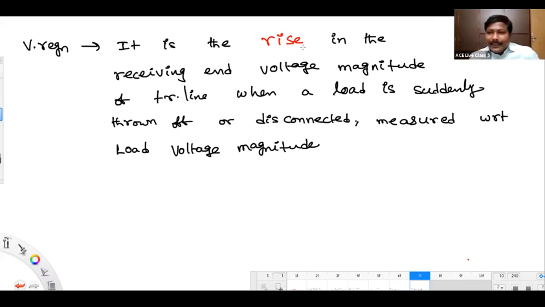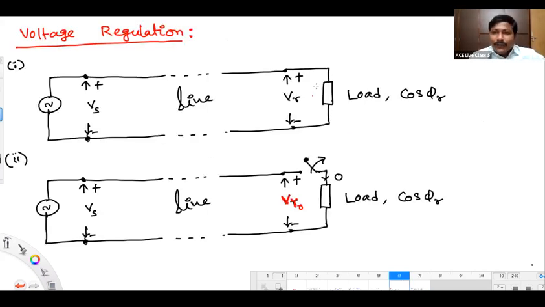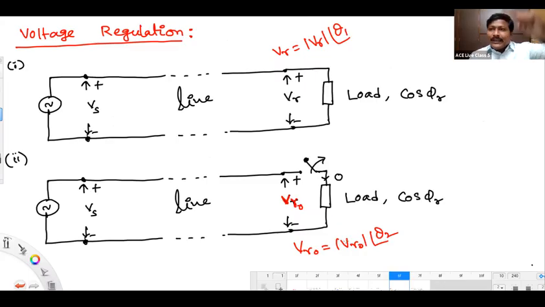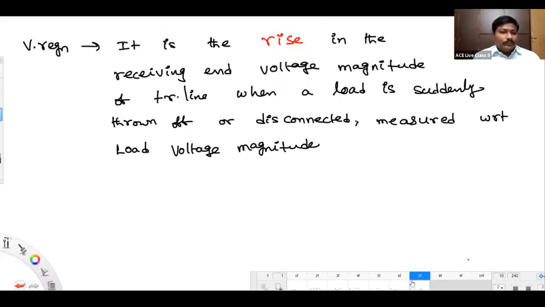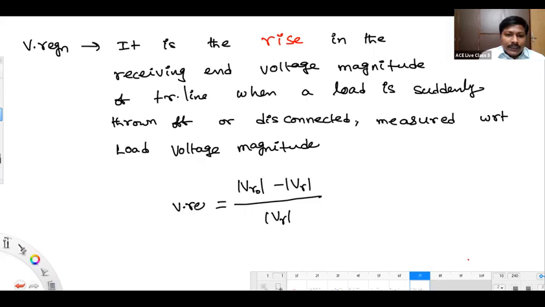Listen please. With load, I'll say VR, something like mod VR at an angle theta1. And VR0 after disconnecting the load is something like mod VR0 at an angle theta2. What is the rise in the voltage magnitude? Mod VR0 minus mod VR. That we should divide by the load voltage magnitude, mod VR, and this is called voltage regulation.